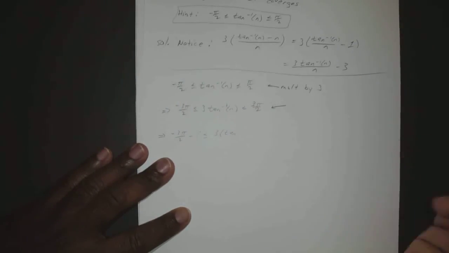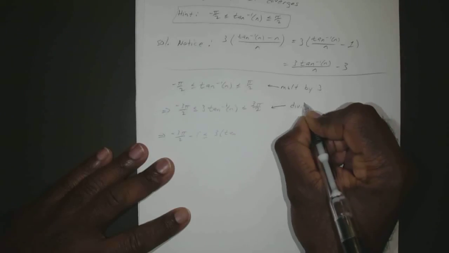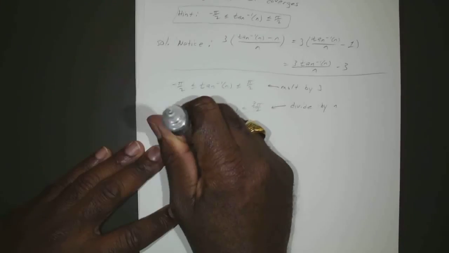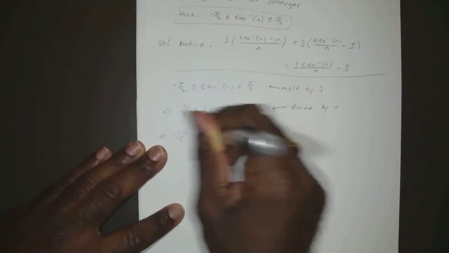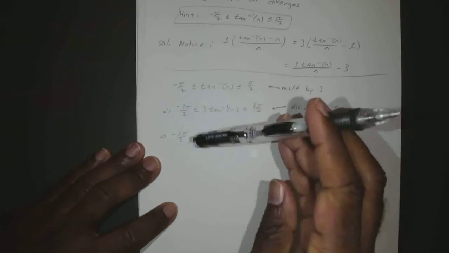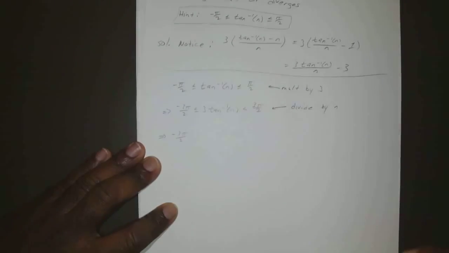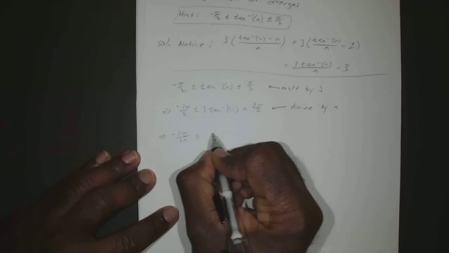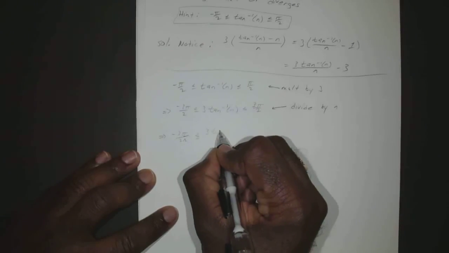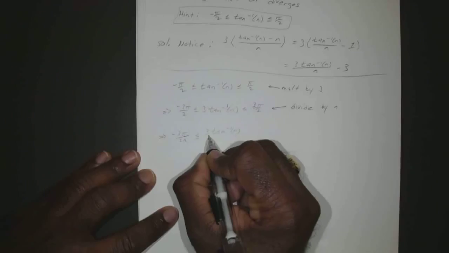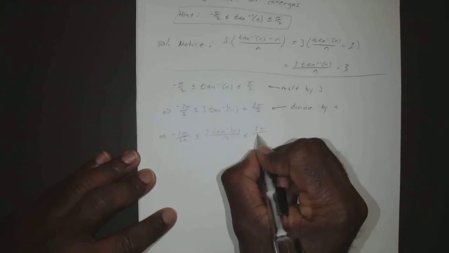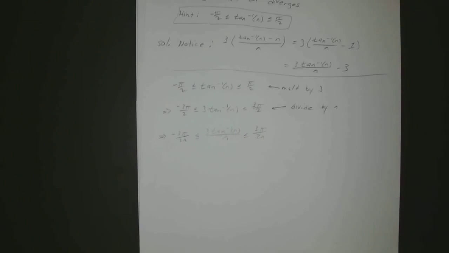Okay, divide by n, then subtract 3. So that would be negative 3 pi divided by 2n is less than or equal to 3 times tangent inverse of n divided by n, which is less than or equal to 3 pi divided by 2n. Okay, now we subtract 3.